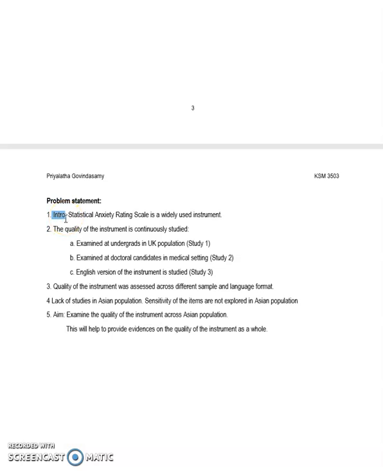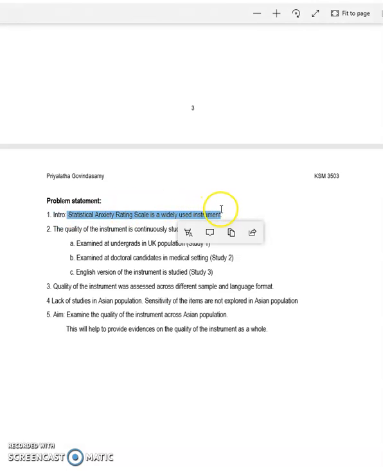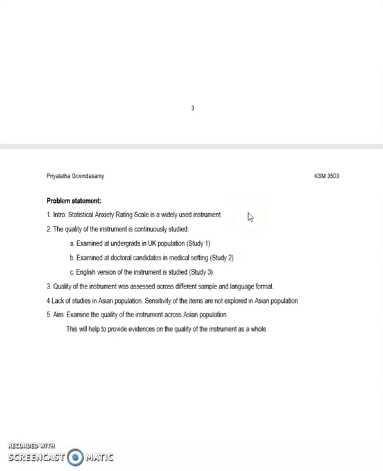So in this case, my introduction will be: the Statistical Anxiety Rating Scale is widely used as an instrument. It's a widely used instrument because you notice that it has been studied in the UK population, it has been translated, and also studied under specific samples.